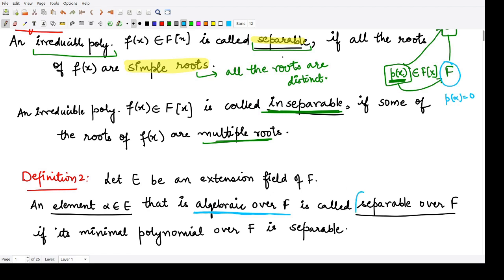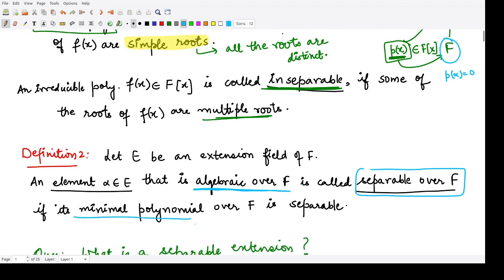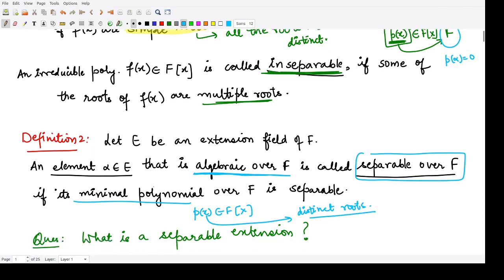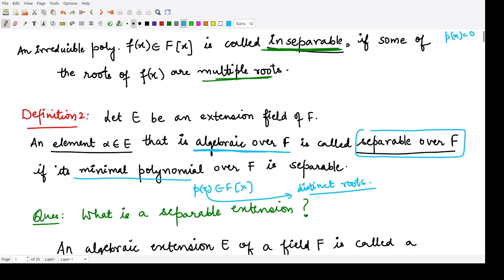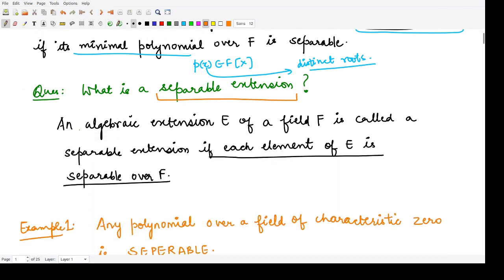Then we say alpha is also separable over F if its minimal polynomial over F is separable. So the polynomial p of x in the lower field is separable, that means it has all distinct roots within itself. Then that element would be a separable element. And what would a separable extension be? A separable extension is an algebraic extension in which every element of E is separable.